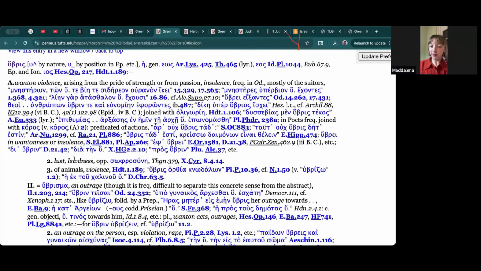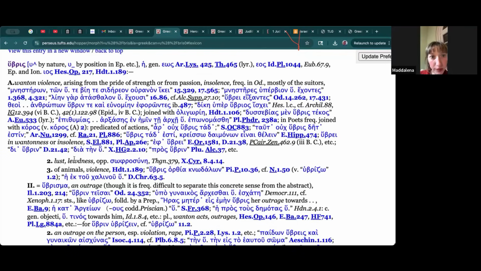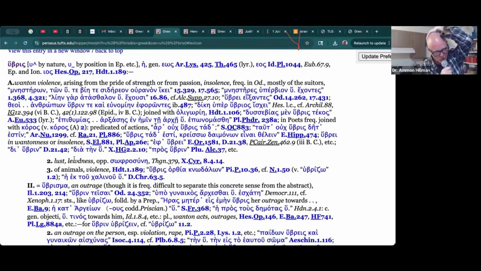As you can see in A here, insolence is on the first line. Being insolent is a form of wanton violence. Wanton is without any sort of suppression or control.